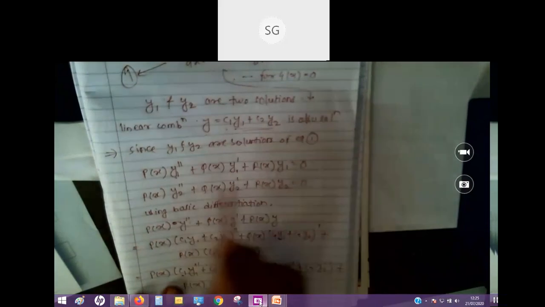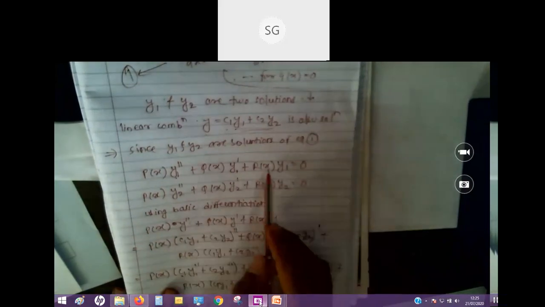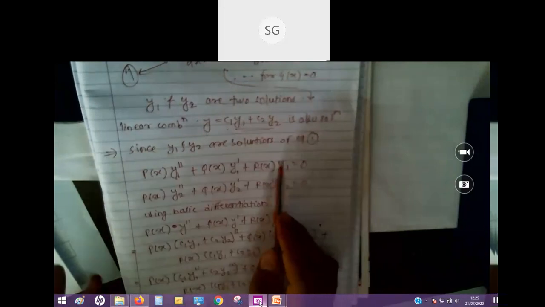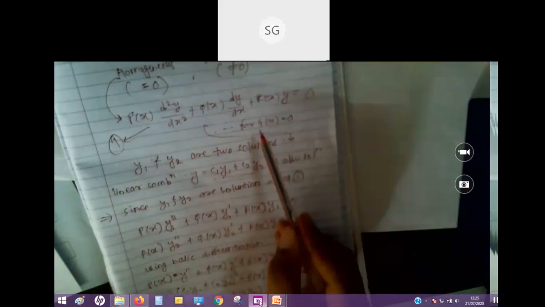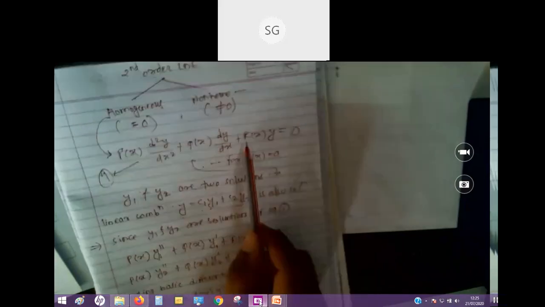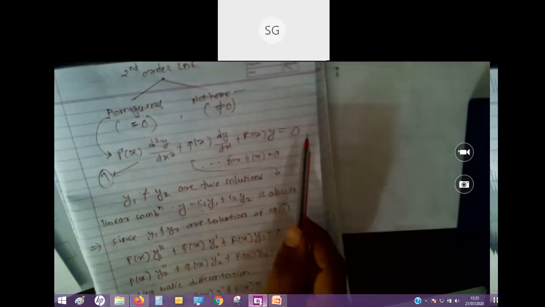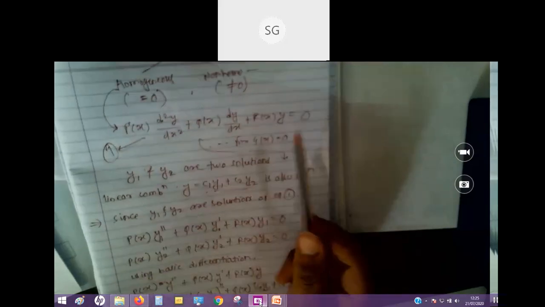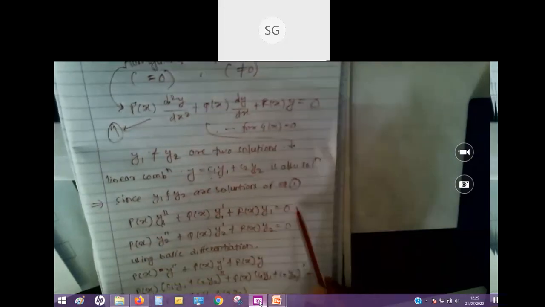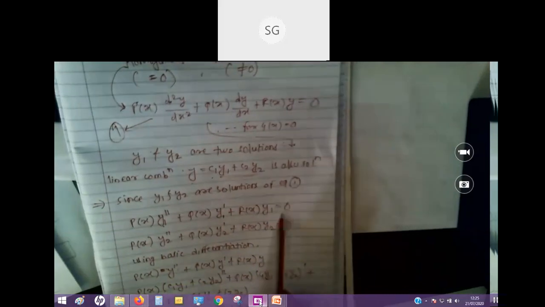And why will the values be 0? Because y1 and y2 are solutions. We have already seen that if this is the equation whose right hand side is 0, then the solutions of this equation will always give right hand side equal to 0. That's why these terms are 0.